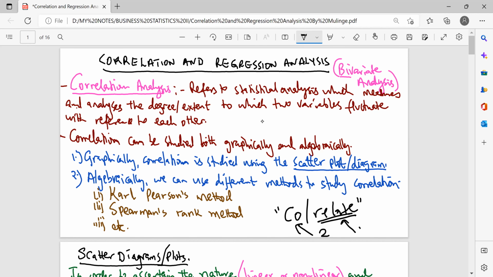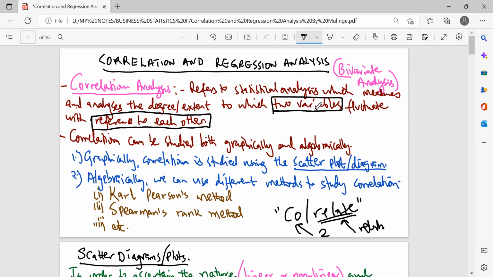So basically, when we're talking about correlation analysis, we are referring to a statistical analysis which measures and analyzes the extent to which two variables fluctuate with reference to each other. So in correlation analysis, we'll always be dealing with two variables. Then we measure the extent to which the two variables fluctuate with reference to each other.